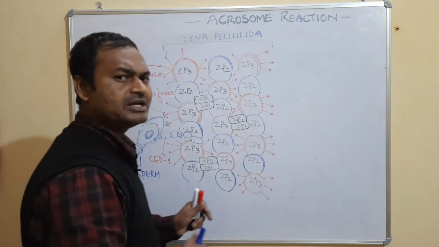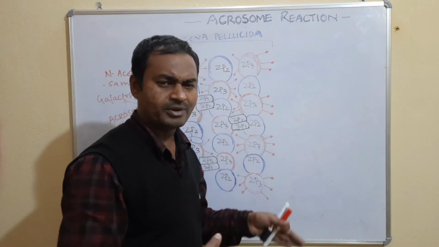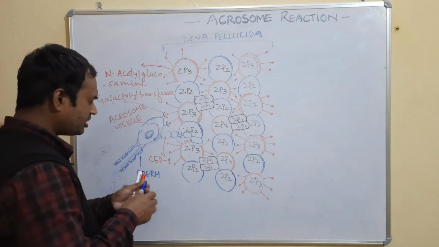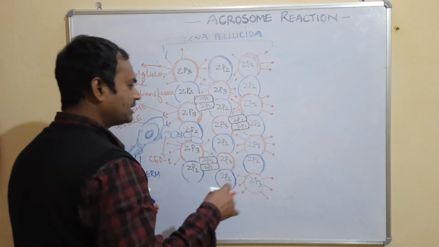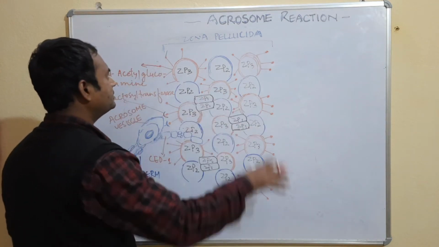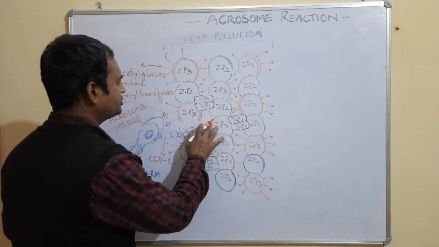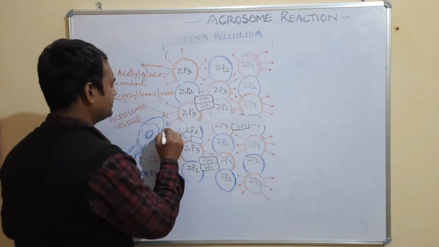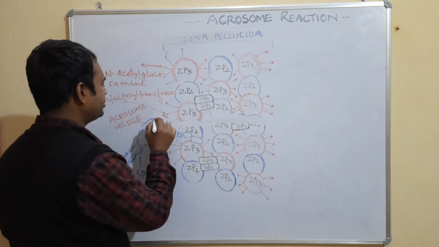With the help of calcium-mediated exocytosis of the acrosome in mammals, the secretions of the acrosome occur, and ultimately it digests the matrix of the zona pellucida, making a hole toward the region. This is mediated with the help of the acrosome reaction.